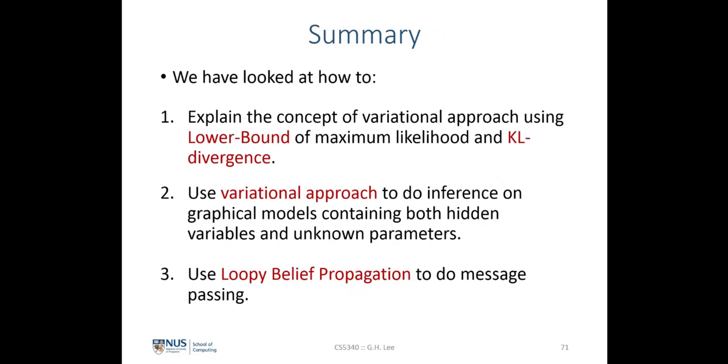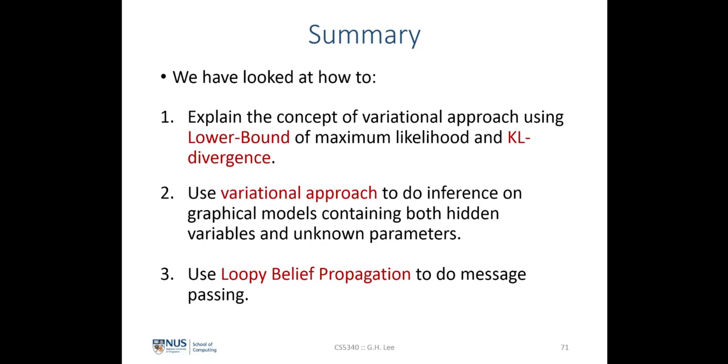So in summary, we have explained the concept of the variational approach. In particular, we derived the solution for the optimal Q, or the proposal distribution, that approximates the intractable posterior distribution that we wish to infer, using the lower bound of the marginal likelihood and KL divergence.